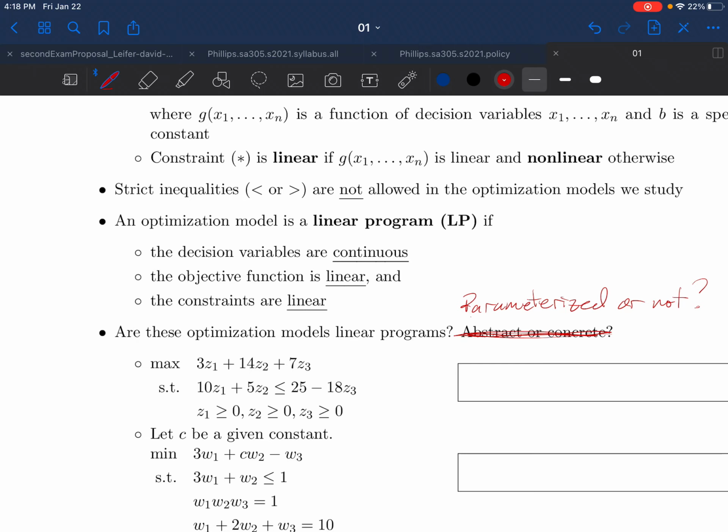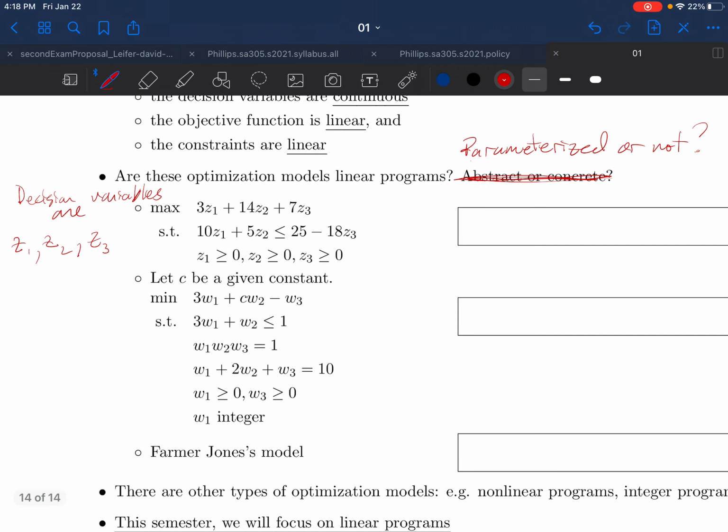They are Z1, Z2, and Z3. And here they are W1, W2, W3.